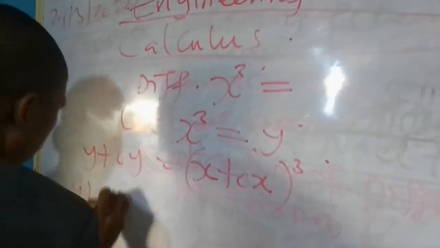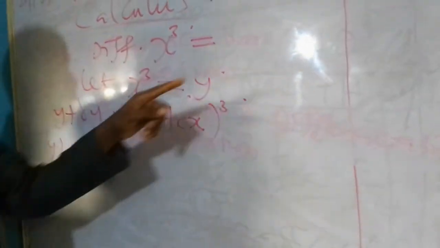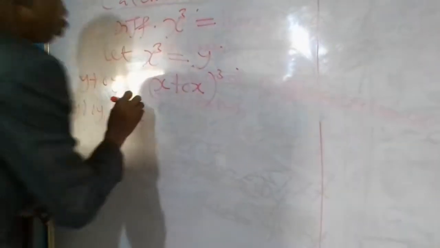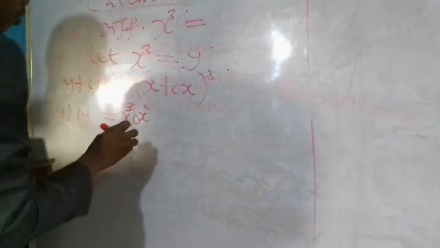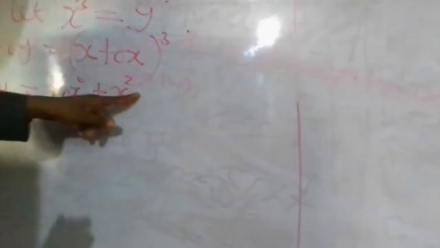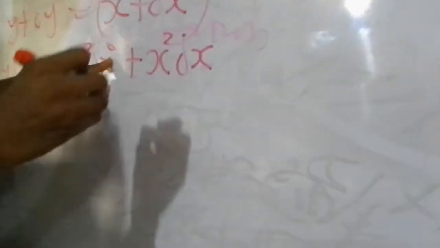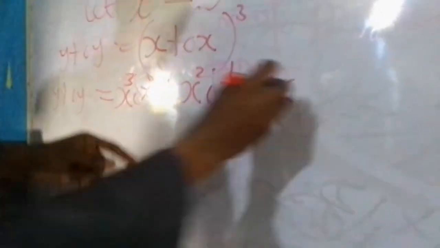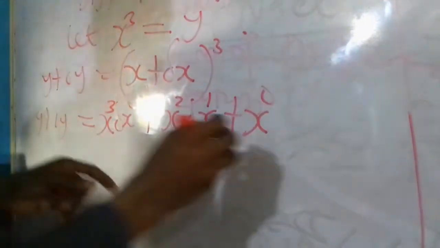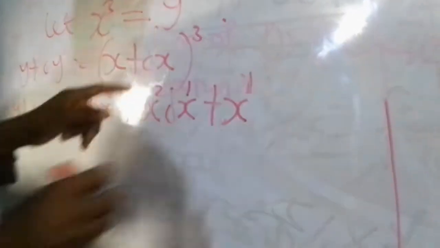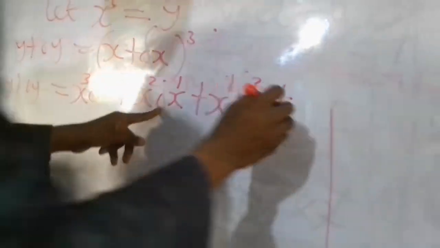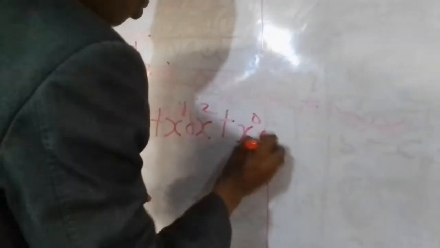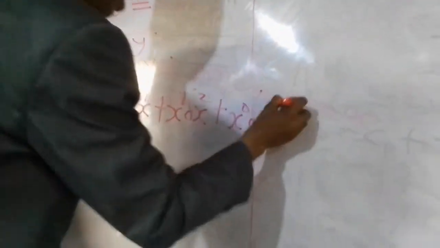On expanding, the power of x continues to decrease while the power of delta x continues to increase.